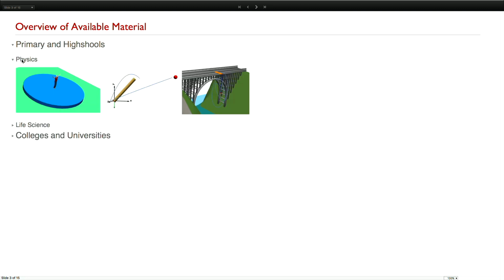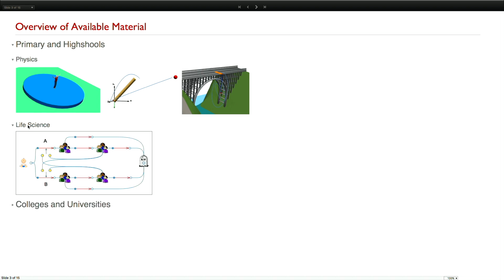The material that has been developed, to give a quick overview, is some material for primary and high schools, and some material for colleges and universities. The idea is to expand on this as we go. For primary and high schools, we have some material for physics, with examples like hitting a baseball, jumping on a trampoline, doing a bungee jump.